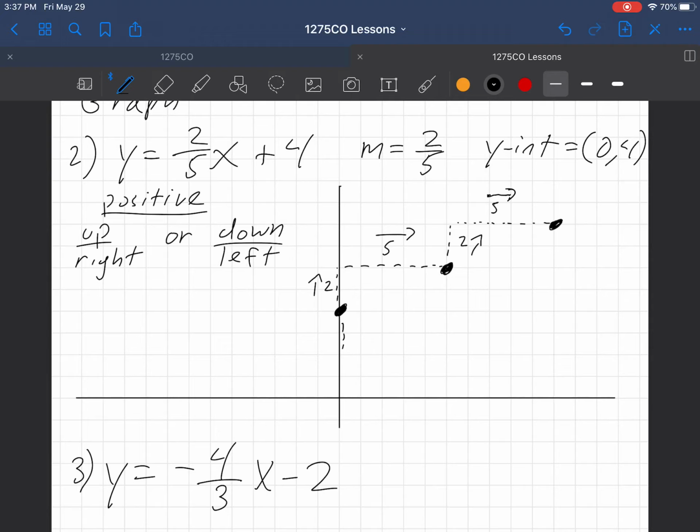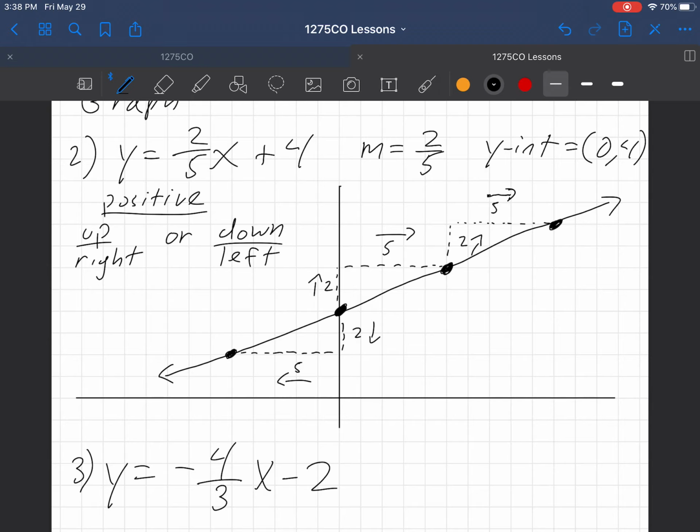So down 2, 2, 3, 4, 5. 2 down, 5 left, right? Notice that even if we're moving up and to the right or down and to the left, we're putting all of these points in a straight line, right?